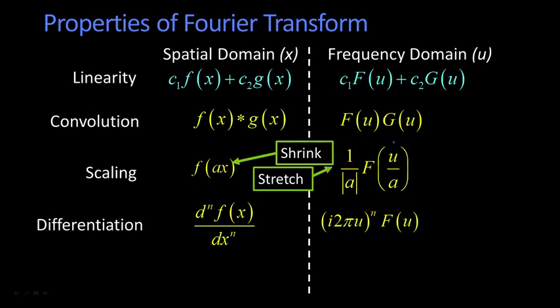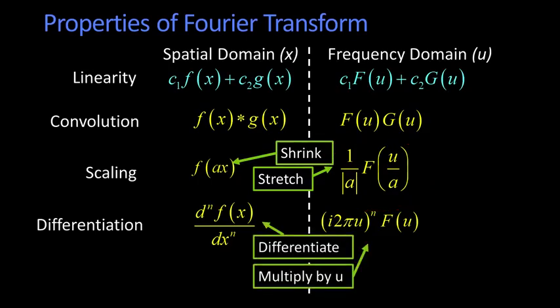One last one to look at, and we're not going to use this much, but I wanted you to see this, is when you take the derivative of a function, so this is some nth derivative, you multiply its Fourier transform by a function that's proportional to the frequency. So suppose n was just 1, you're taking the first derivative.